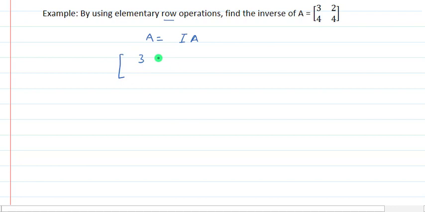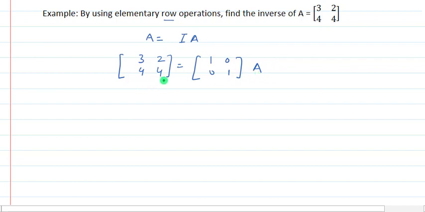It is 3, 2, 4, 4 is equal to, let us write matrix I here of the same order as the matrix given to us, that is of order 2. So it is 1, 0, 0, 1 into A. We will write this A as A, and will not write the values of the matrix over here.